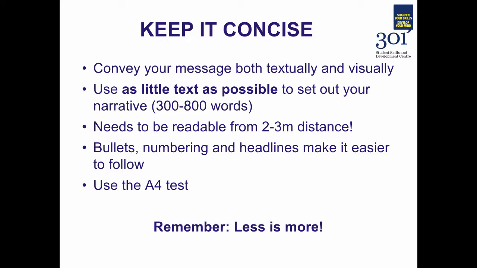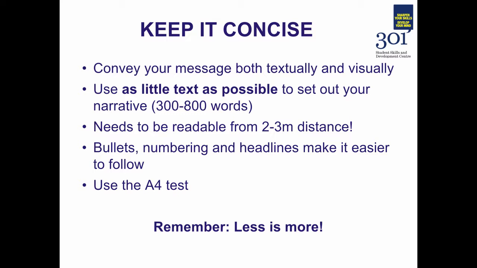Organising your text in bullets is fine in a poster. Using numbering and headlines can help the reader to follow which section they're supposed to look at next. And one way to make sure that you're adhering to these rules, making your poster readable, is to use the A4 test.